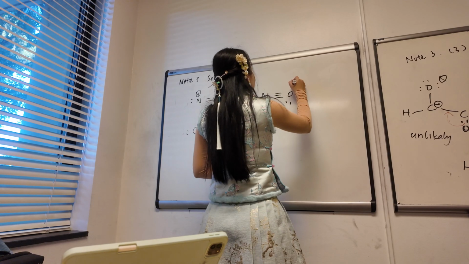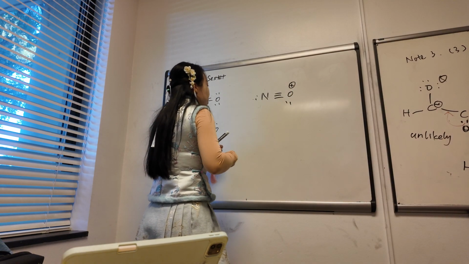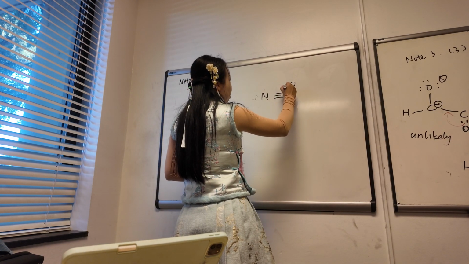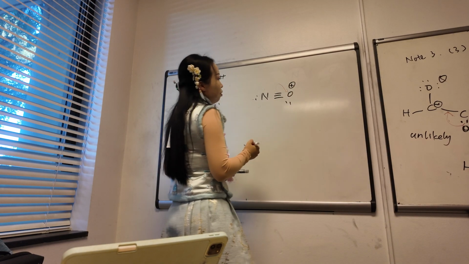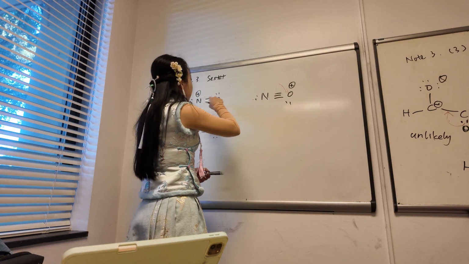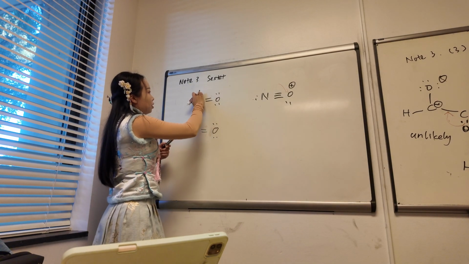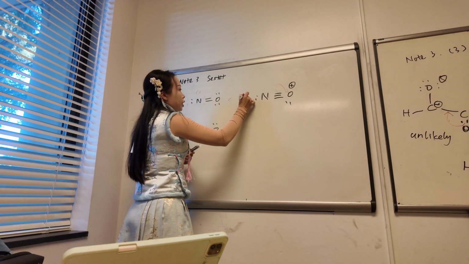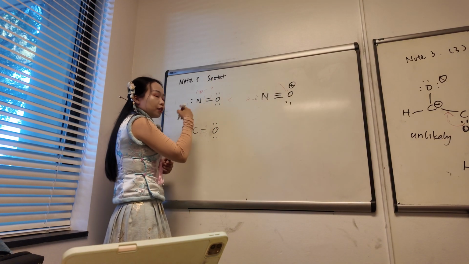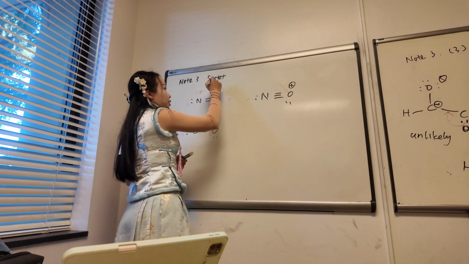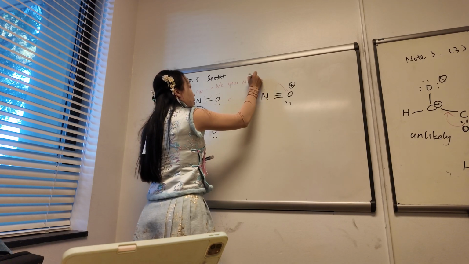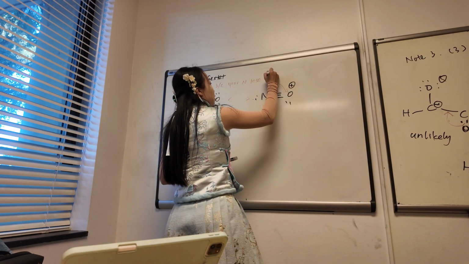So the first one, you start with here, and then you draw the lone pair into that. Your nitrogen loses something. The positive charge is assigned not because you count the nitrogen, but because your nitrogen loses a bond.